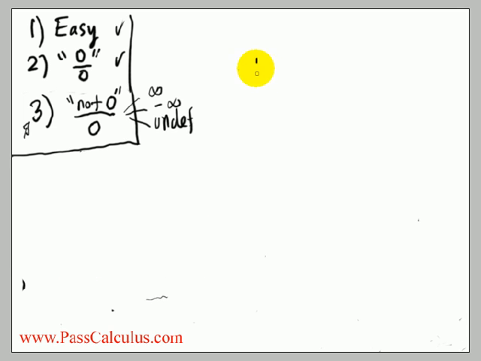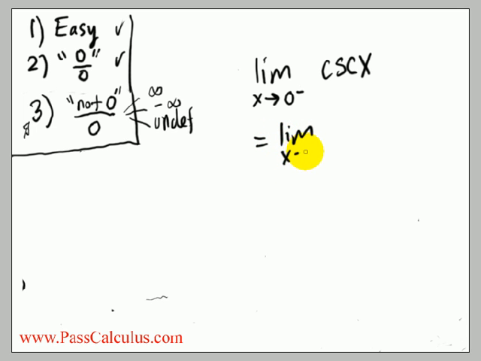How about something like this real quick? The limit as x goes to 0 from the left, say, of cosecant x. Well, that's the same as the limit as x going to 0 from the left of 1 over sine x, right?